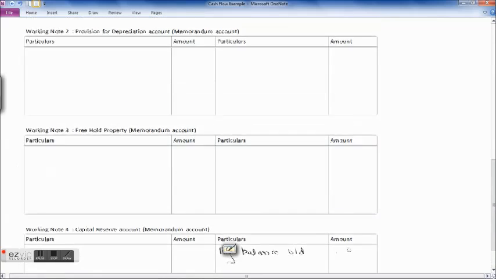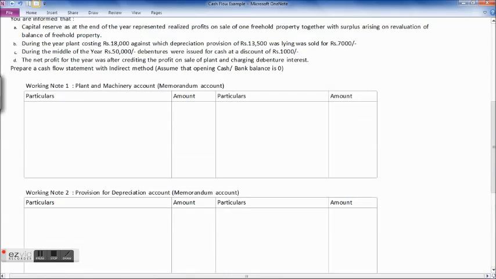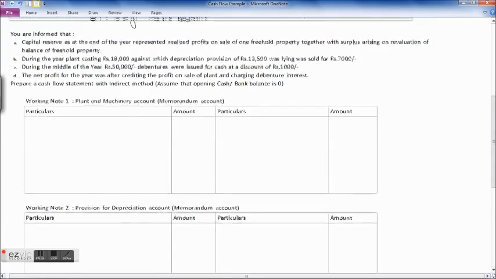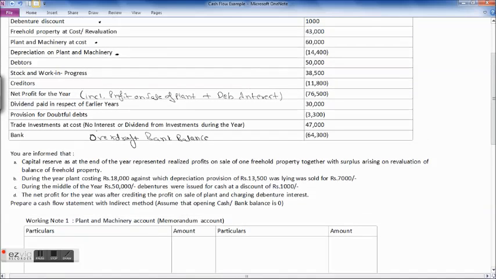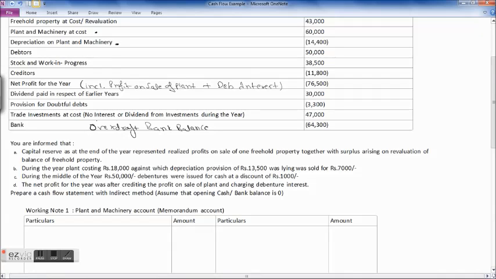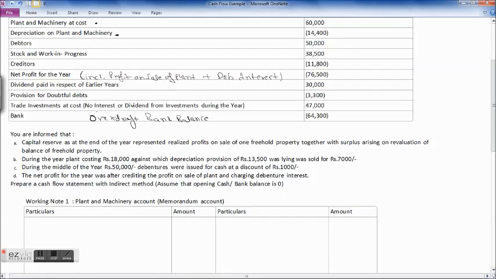Now the next adjustment we will read. During the year, a plant costing rupees 18,000 against which depreciation provision of 13,500 was lying was sold for 7,000. Now first we will put the opening and closing balance in your plant and machinery account. Plant and machinery, again there is an increase of 60,000 debit balance in the plant and machinery account.